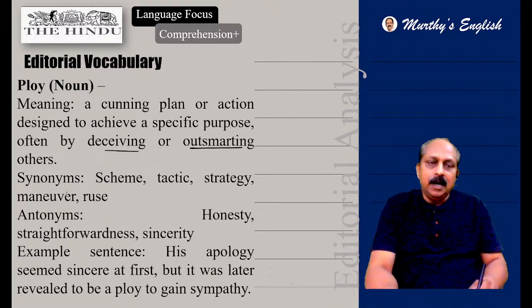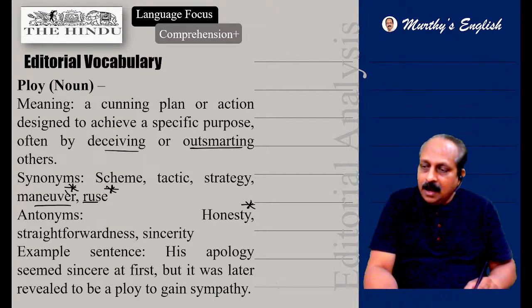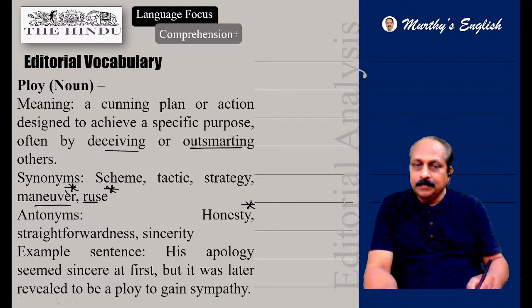Strategy, maneuver, an important word. You have to remember this. Ruse, another important word you have to remember. Antonyms: honesty, straightforwardness, sincerity. Last time also I told you guys honesty. An honest person. Example: his apology seemed sincere at first, but it was later revealed to be a ploy to gain sympathy.